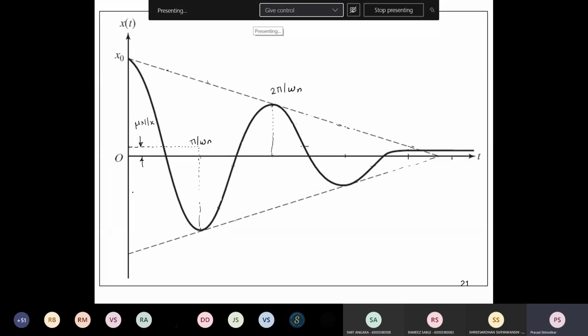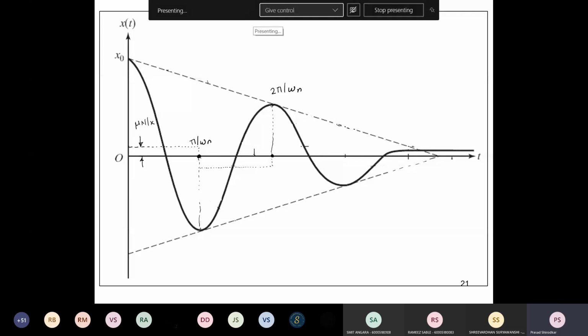Now for the cycle from π/ωn to 2π/ωn, the remaining part of the cycle is centered around the other axis.